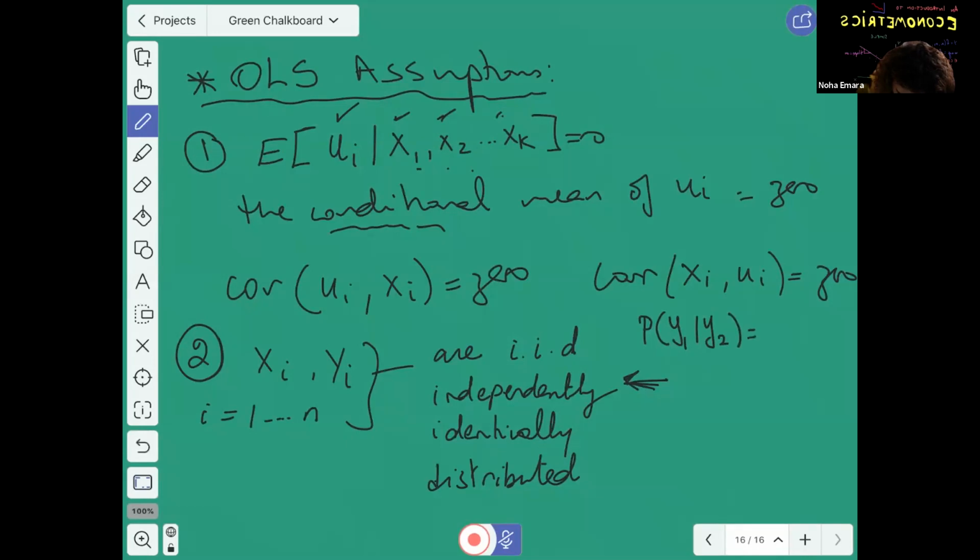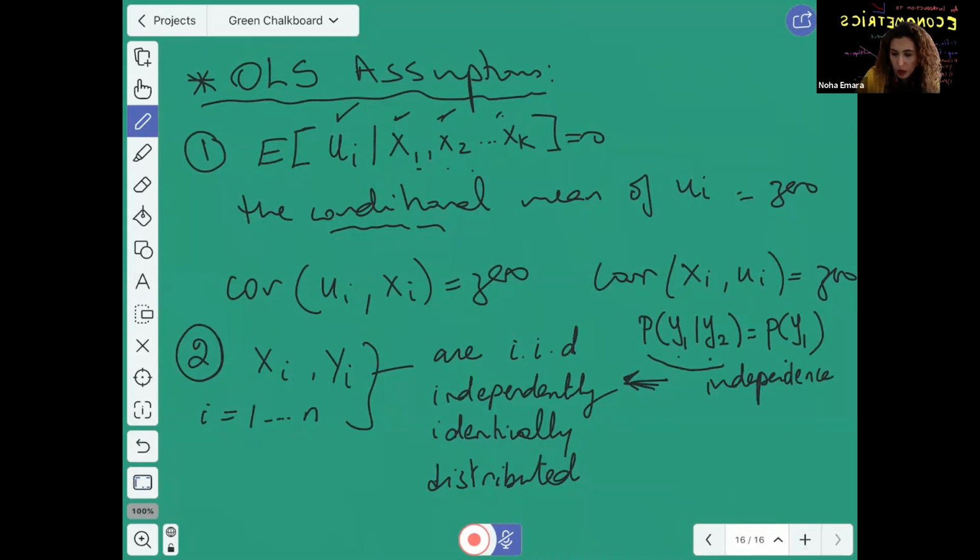It will be everything about the first individual. So the conditional probability of Y1 given Y2 is equal to everything about Y1. And this is called independence in probability.